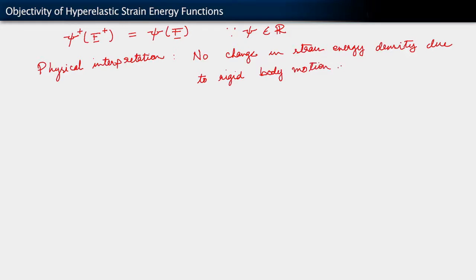But what this implies is that when it comes to evaluating our function, the strain energy density function in the state after rigid motion is obtained by just looking at our actual function and evaluating it with f plus. And the requirement is that it doesn't matter whether you evaluate that function with f plus or with f.